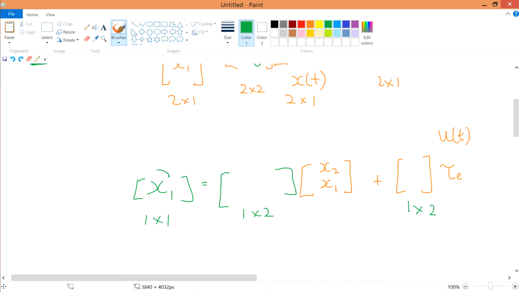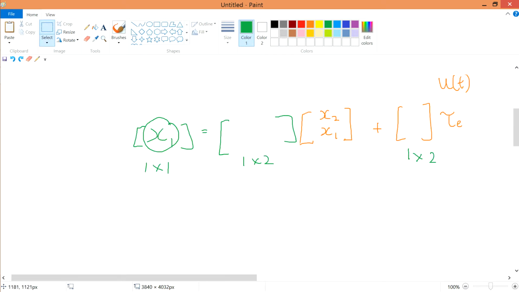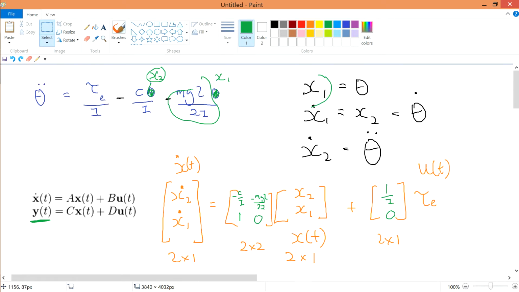And we know that x1 is simply x1 itself. But because we want to know what exactly x1 is, x1 is equal to theta. If you still remember, x1 is equal to theta.